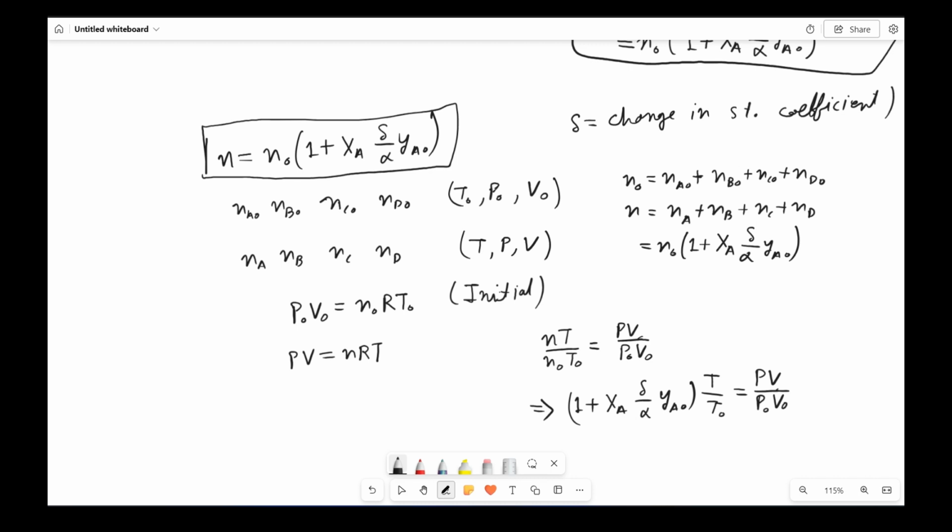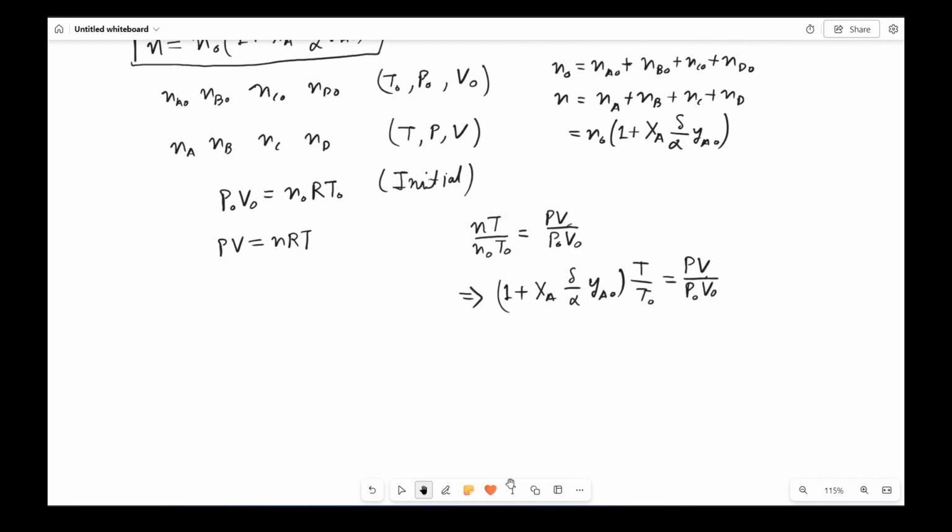Now, in many cases, temperature and pressure are fixed. In many textbooks like 11th sphere Fogler, the temperature and pressure are fixed. Suppose T is equal to T naught and P is equal to P naught, then we get the change in volume in the reaction, which is V by V naught equal to 1 plus XA delta by alpha YA naught.